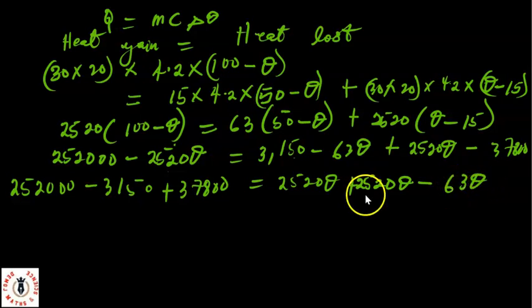In case you want to understand how to change the subject of a formula, I will include one of our lessons on change of subject of formula in this example. I believe it will help you understand how to make theta the subject of the formula.